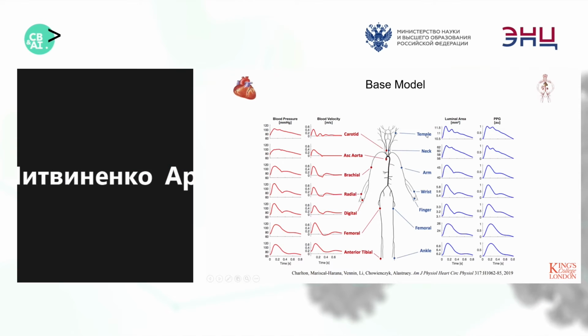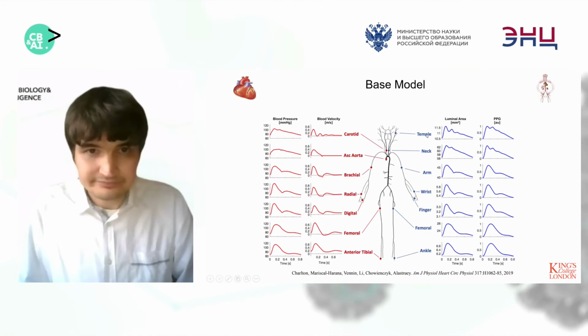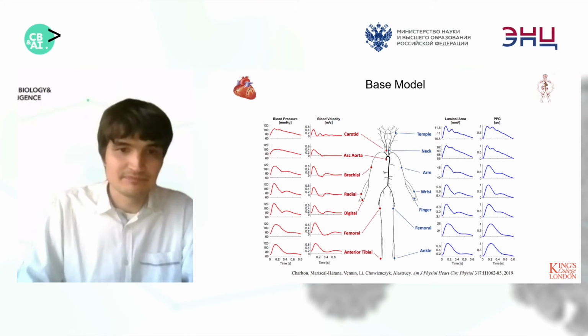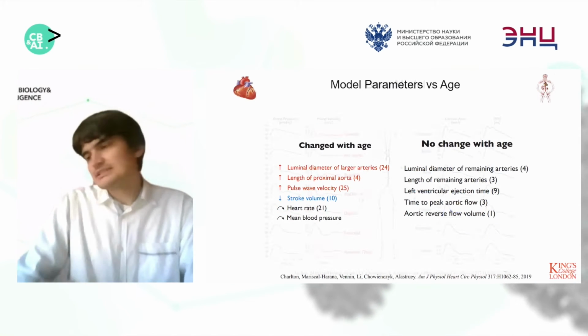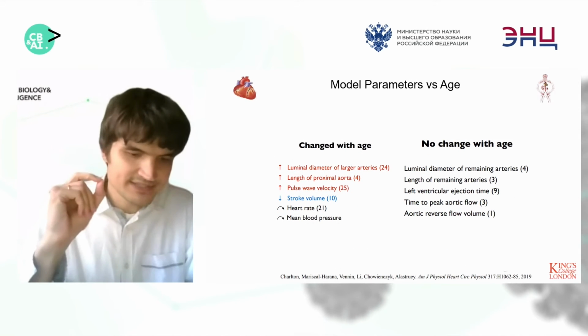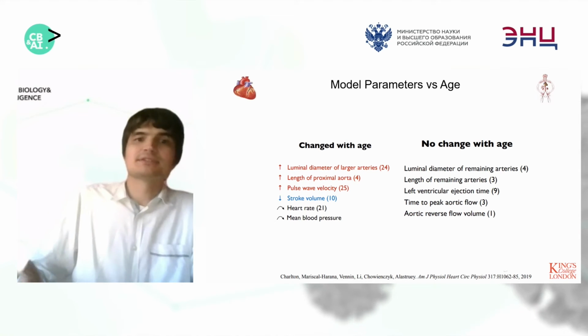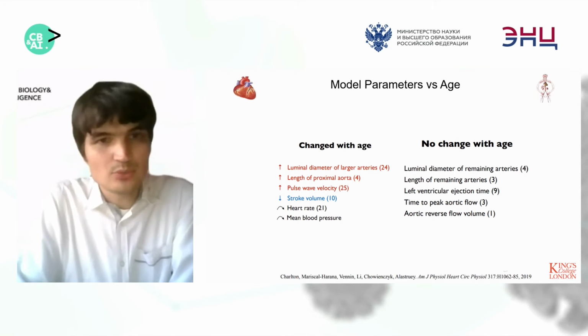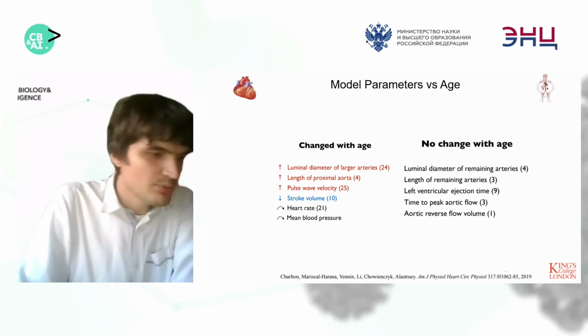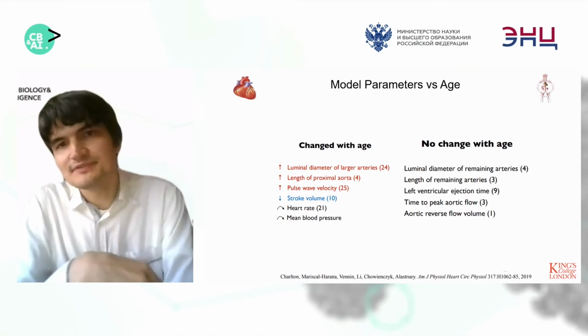So we have some kind of a baseline model of an average patient. After that, we want to link this baseline model to an actual patient. For that, we can study which parameters of the model change with age and which do not.